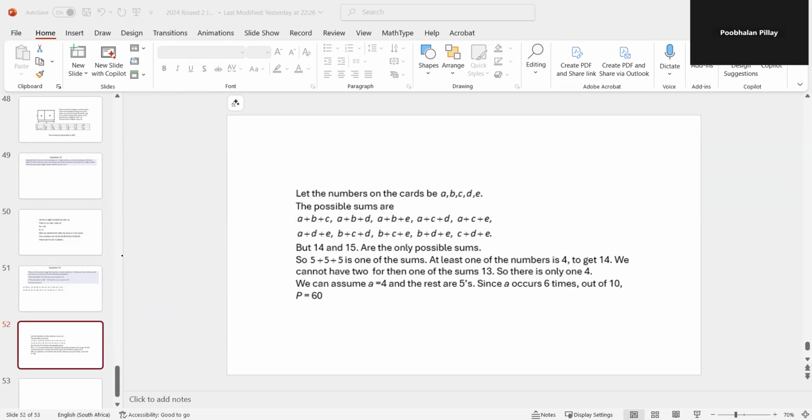I don't think this is complete. The argument that the numbers are going to be 5, 5, 5, 5, and 4 is a shortened argument. All right, so that's the last problem.